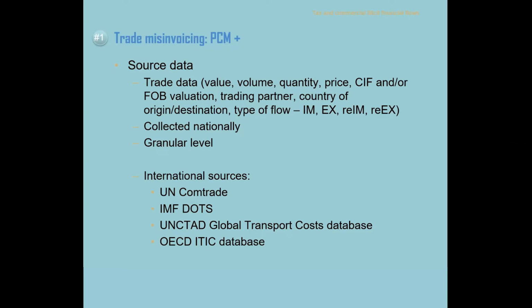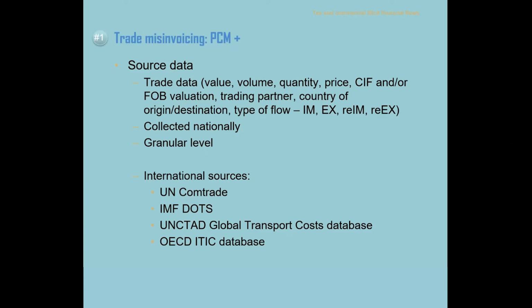So the trade data that we would be looking at are, of course, the values and the volumes and the quantities of imports and exports. So the types of flows are imports and exports, but also we should be having data on the flows of re-imports and re-exports. We also need to get as much data as possible on the CIF and the FOB valuation, on all our trading partners, countries of origins and destinations, and similar.